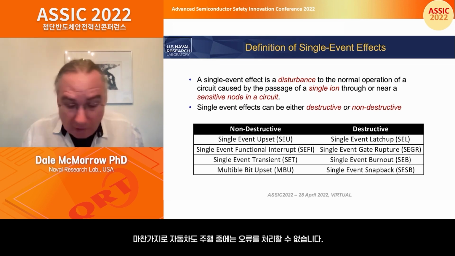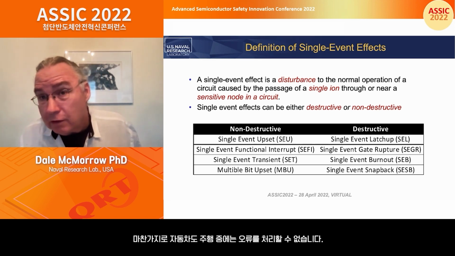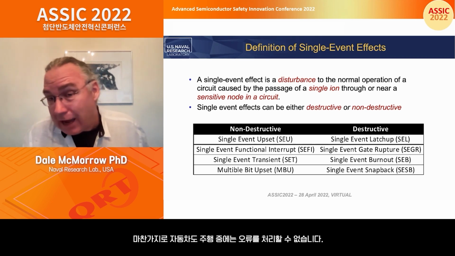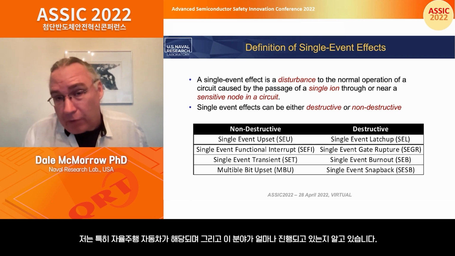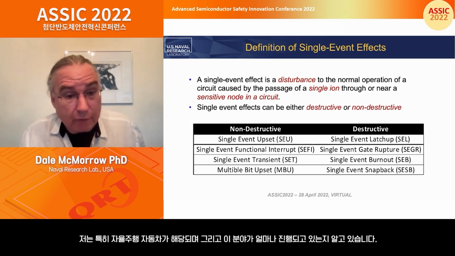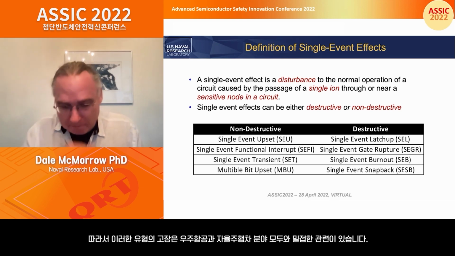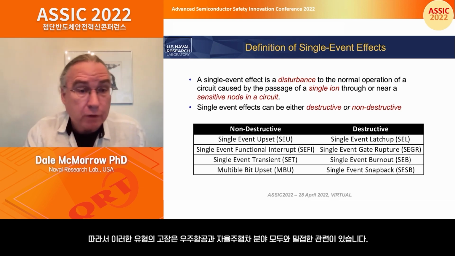Similarly, and I'm not an expert in the field, but in the automotive field, you also can't handle errors that disrupt the activity. I'm thinking in particular of self-driving cars, and I know that's where the field is going. So these types of events are very relevant to both fields.